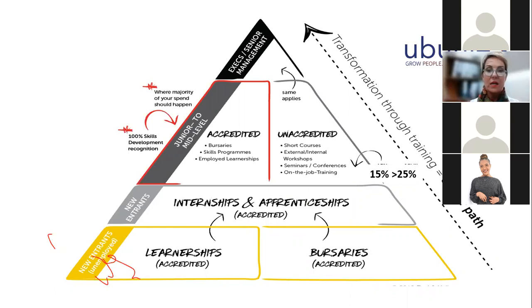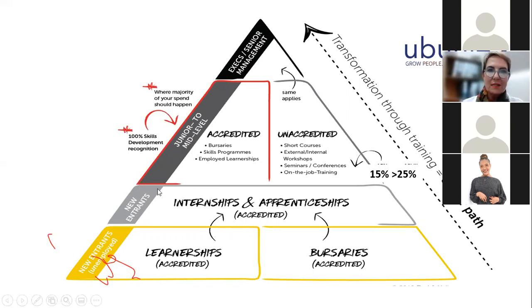They have already graduated. They have the qualifications. They need workplace experience. And again, there is funding that you can access through your CETA if you plan this well in your WSP that will support the payroll for these interns. So these are interventions, funding that you can access through your WSP. And then, of course, apprenticeships as well.